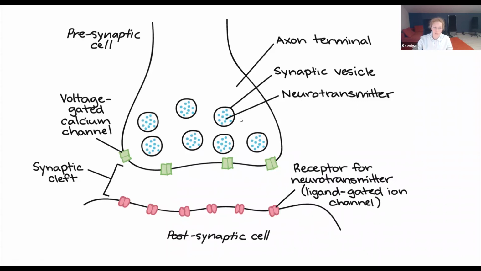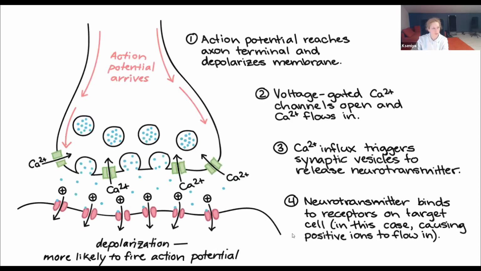There are some synaptic vesicles with neurotransmitter, and there are voltage-gated calcium channels in the presynaptic neuron. There is a synaptic cleft, and there are some receptors for neurotransmitter, or ligand-gated ion channels, in the postsynaptic cell.